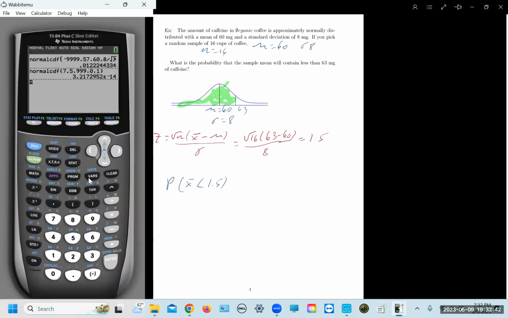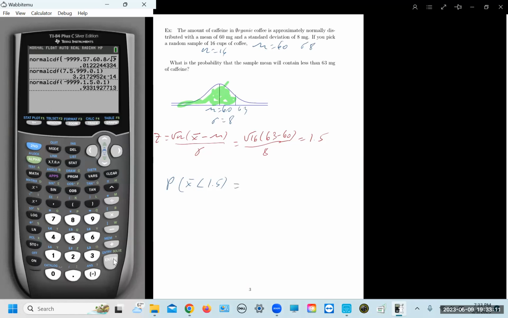Second vars, number 2, normal CDF. The lower is minus 9999, the upper is 1.5, and we paste the sigma.